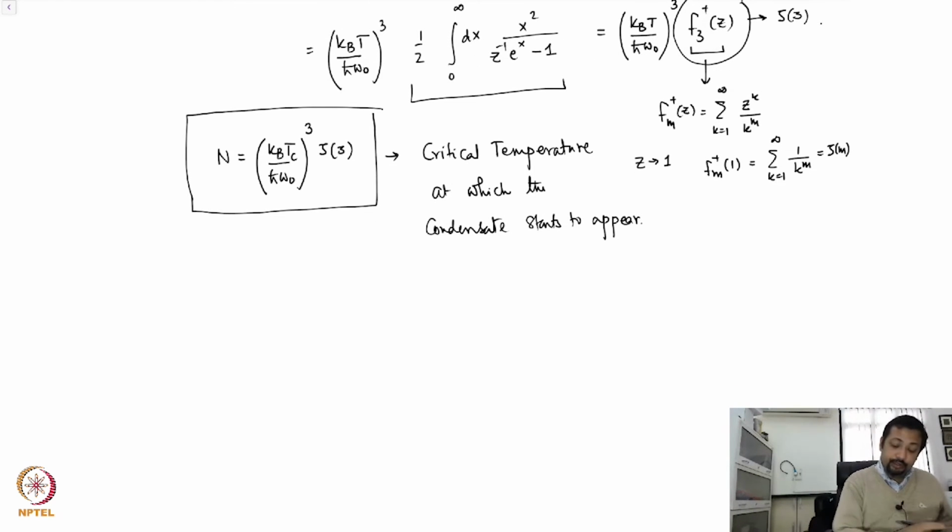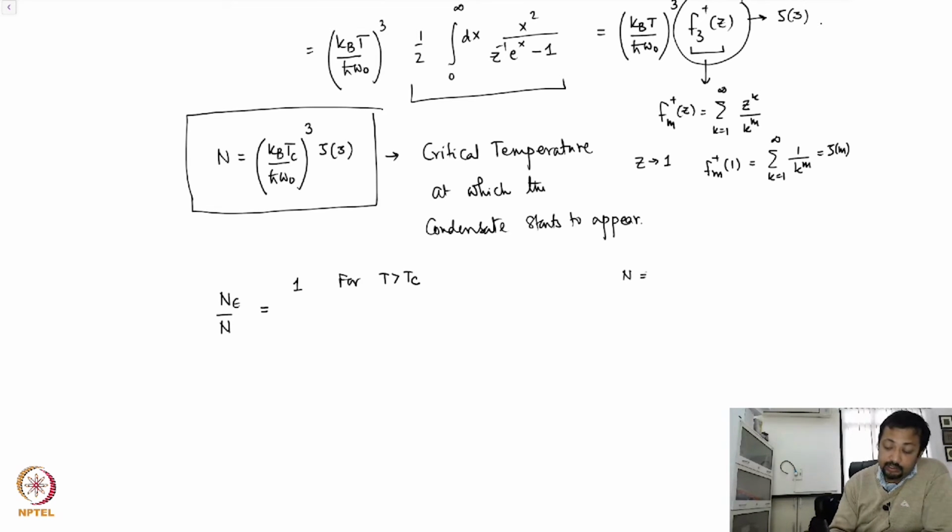Therefore, using our analysis for the free particle gas, we know that in the excited states, if I look at this fraction N_epsilon divided by N, the total number of particles, this is going to be 1 for T greater than Tc.